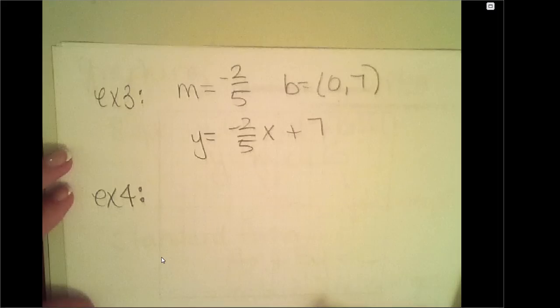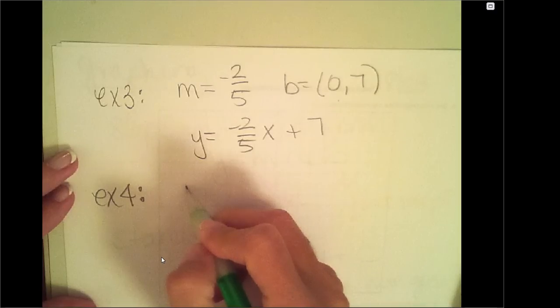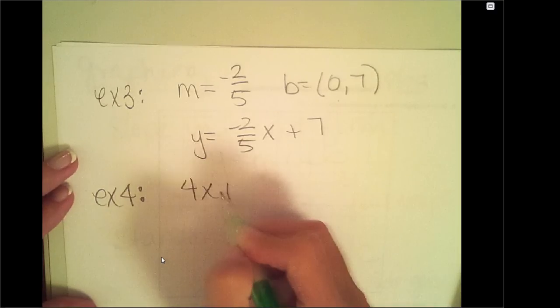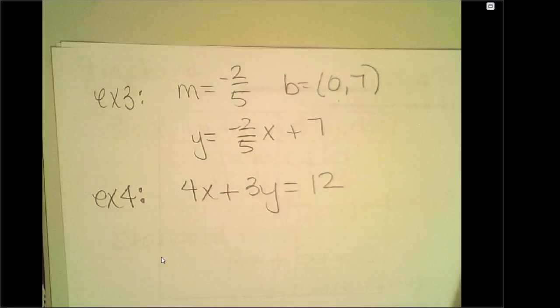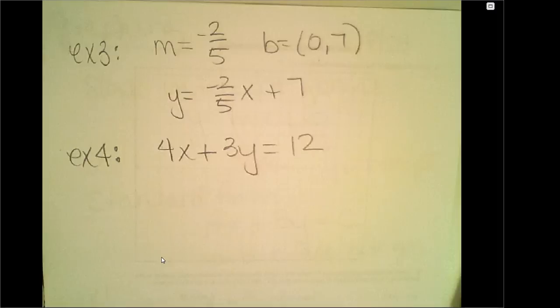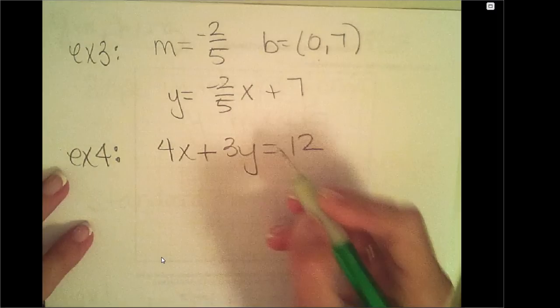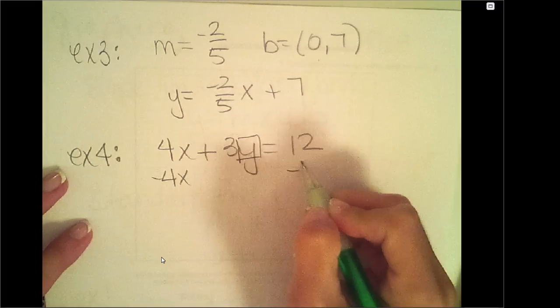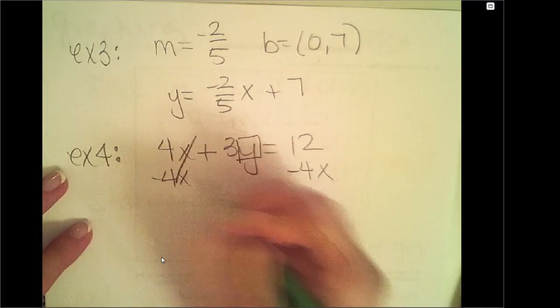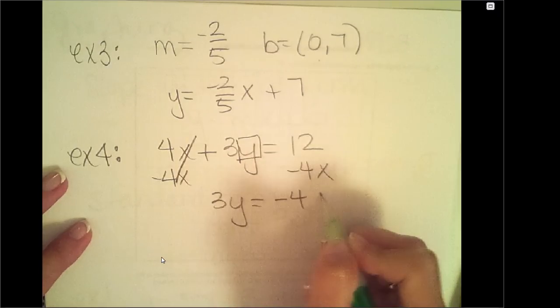Now, what if I say I'm giving you an equation 4x plus 3y is equal to 12, and I want you to identify m and b. Well, it's in standard form. Before you can identify m and b, your slope and your y-intercept, you need to write it in slope-intercept form. So, slope-intercept form means you need to solve for y. So get rid of 4x. So 3y is equal to negative 4x plus 12.